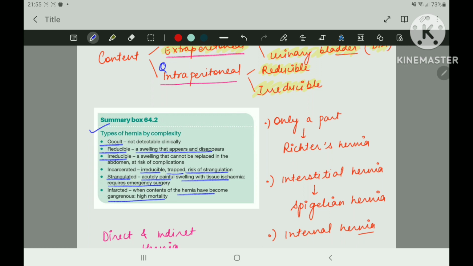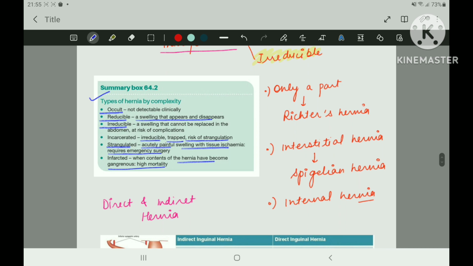Sometimes what happens is that a part of any viscus, for example only a part of the bowel, like the wall of the bowel, can be the content of a hernia. This is called Richter's hernia.